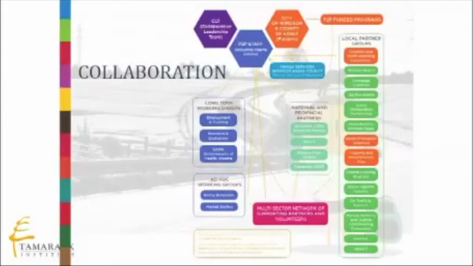We wanted to open it up. So we thought a good compromise would be having a much broader multi-sector network of supporting partners and volunteers, and really opening up the process to let anybody come in at any point and get involved, and focusing on how we can help people plug in in a way that makes sense for them, recognizing that not everybody wants to be involved through a monthly meeting.